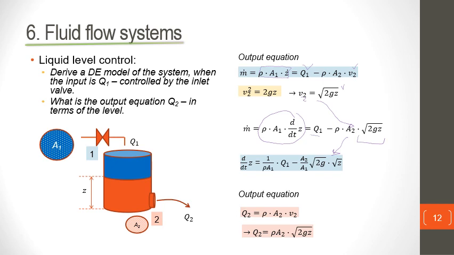Now rearranging these terms, that is dividing by rho A1, we will notice that our differential equation will therefore become dz/dt equals 1 over rho A1 times Q1 minus rho A2 divided by A1 times the square root of G times the square root of Z. Clearly we can see therefore that this portion of the equation means that this is a non-linear equation.